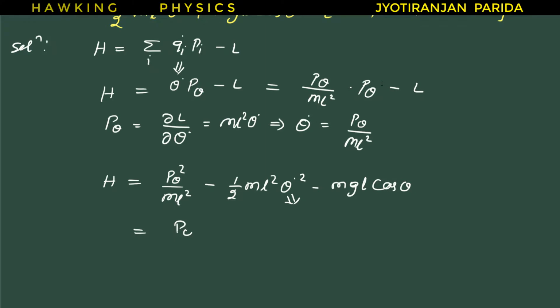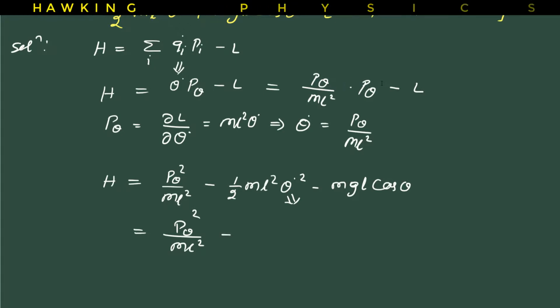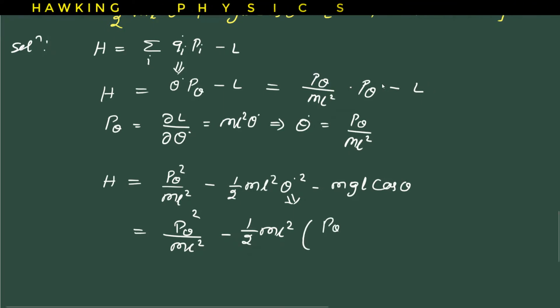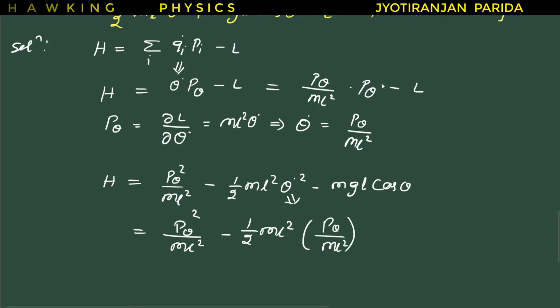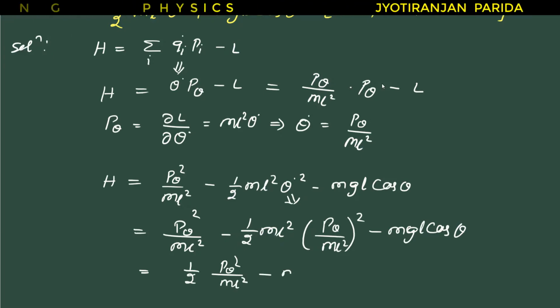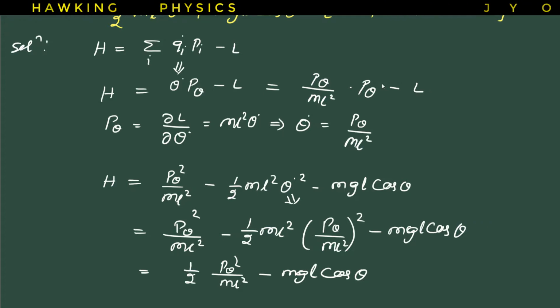So this becomes p theta square by m l square minus half m l square, that is p theta by m l square whole square, minus mgl cos theta, and this becomes 1 by 2 p theta square by m l square minus mgl cos theta. Just see how lengthy this process is.